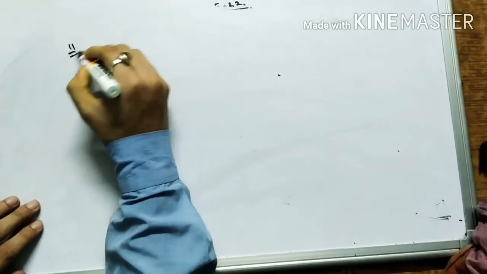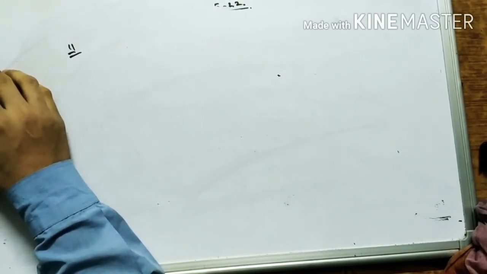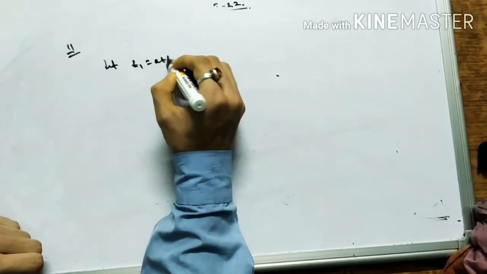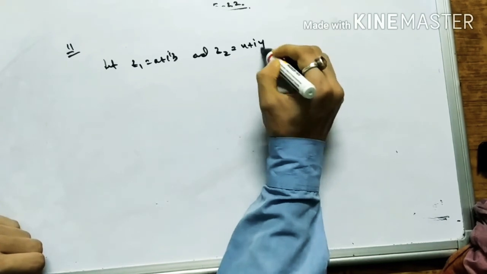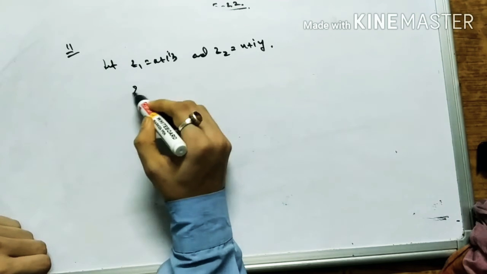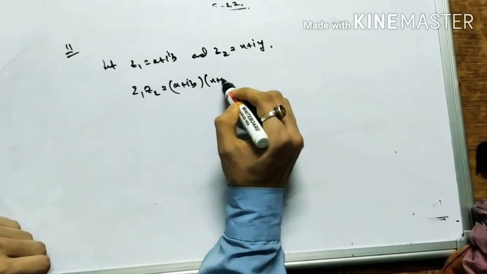Now the next one, question number 11. If z1 and z2 are any two complex numbers, can we write that Re(z1 z2) equals Re z1 Re z2 minus Im z1 Im z2? First of all, let z1 equal a plus ib and z2 equal x plus iy. Now z1 into z2 is a plus ib into x plus iy.